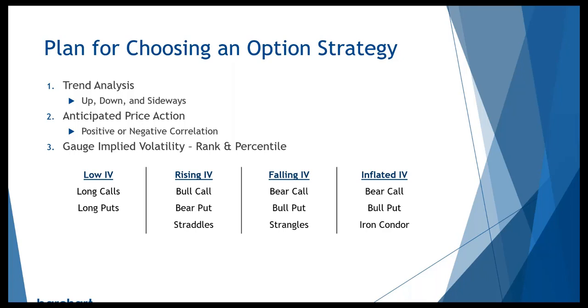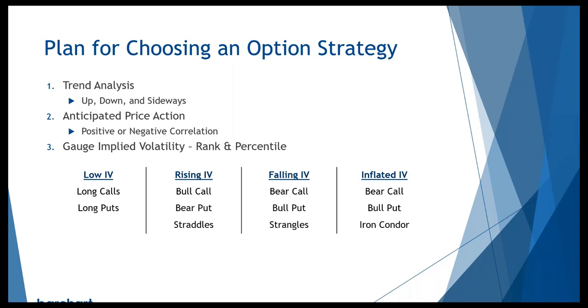And if I'm in an inflated implied volatility environment, then I might look at, again, some bear call or bull put strategies where I'm going to try to capture those premiums. And I could do a combination of the two together and create something called an iron condor, a short iron condor.